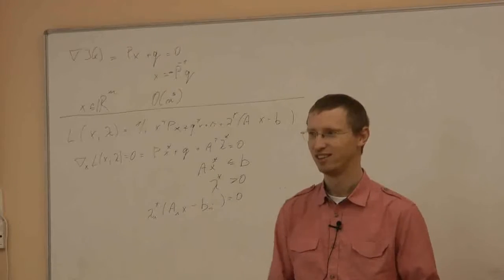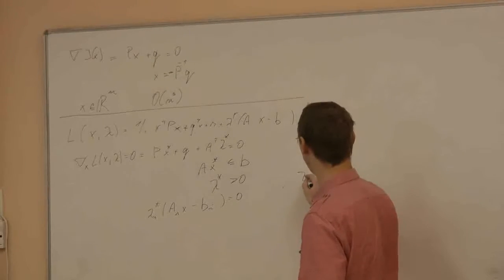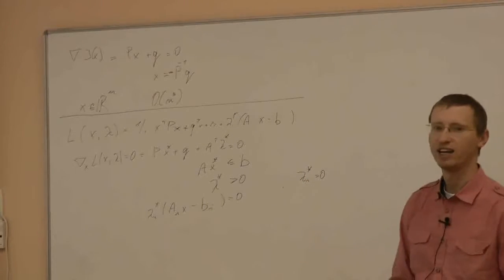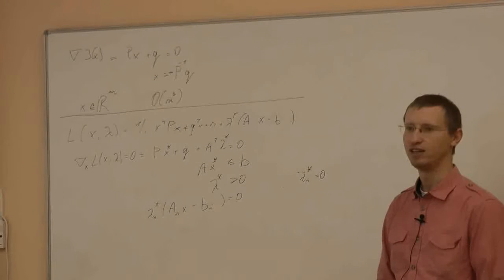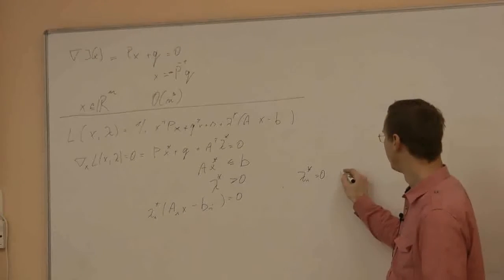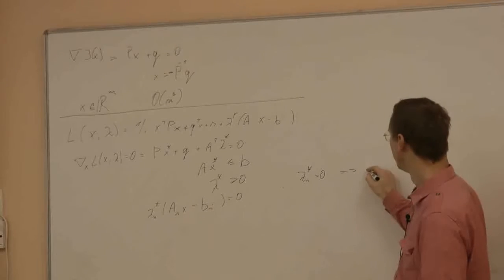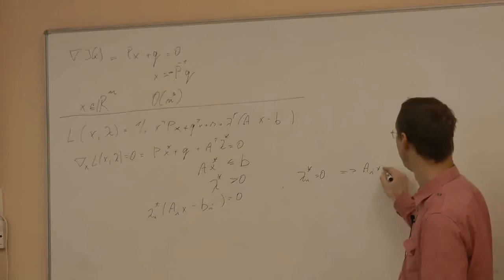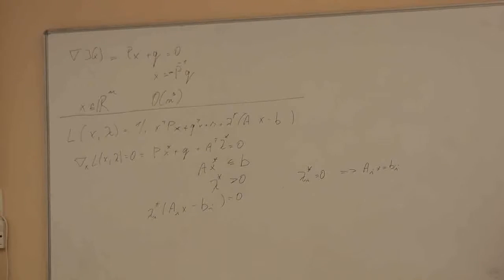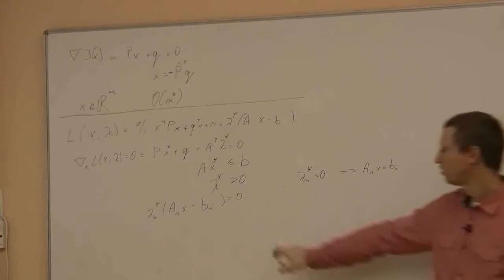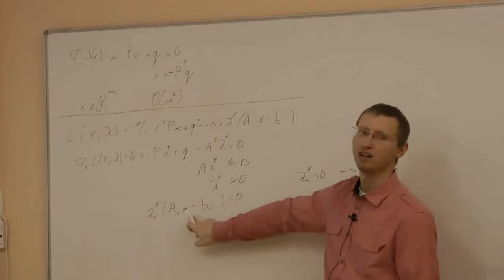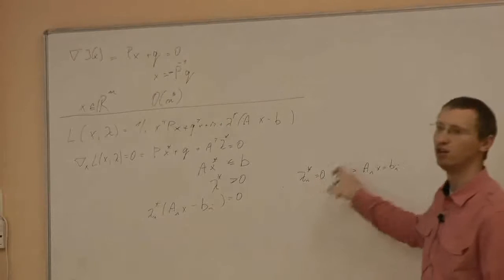There is a catch. So assume that lambda i is equal to 0. Does it say anything about activity of the corresponding constraint? Does it mean that a_i x is equal to b_i, which means that the i-th constraint is active? No. Because if lambda is 0, then the bracket can be anything, so we cannot deduce this one.